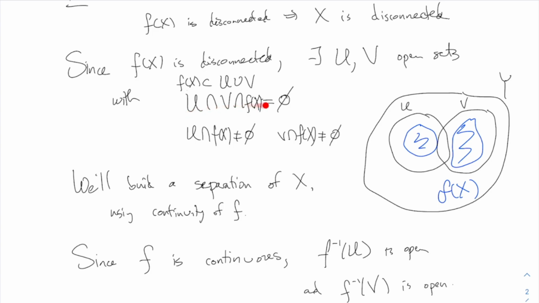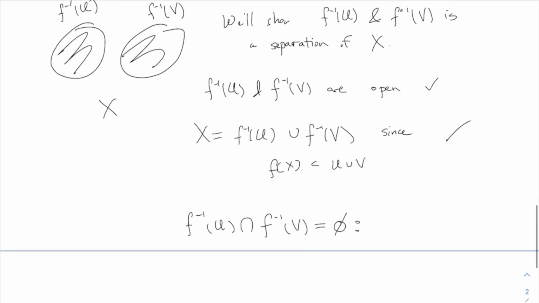There is no point f of x where f of x is in u and it's also in v, because these three things have empty intersection. That means there is no point that's in both when you take the preimage. It looks simple when I'm writing it, although you have to think it through. But this is since u intersect v intersect f of x is empty.